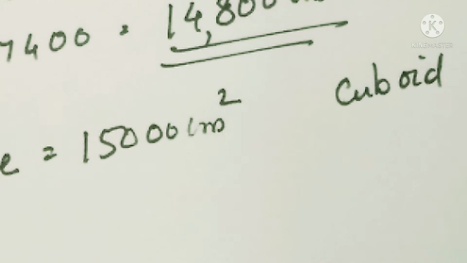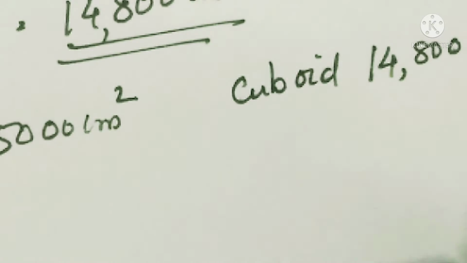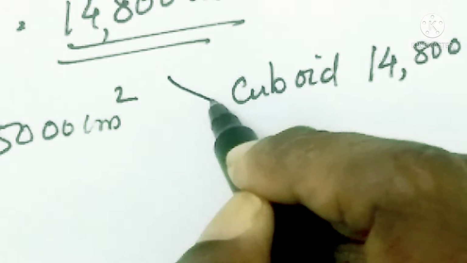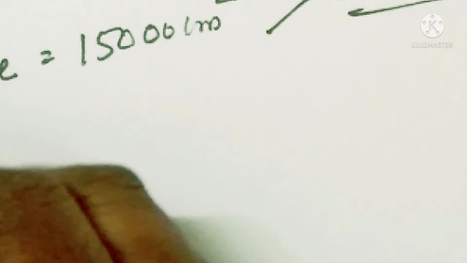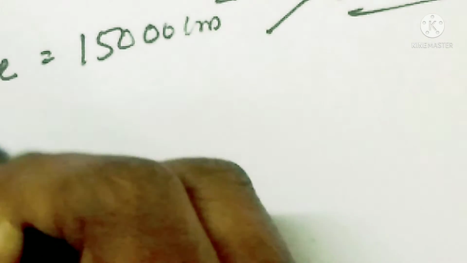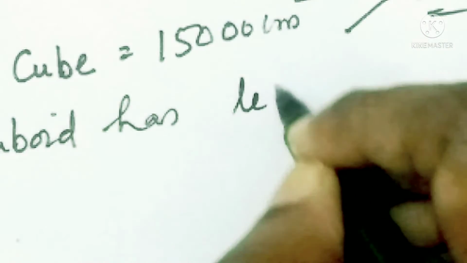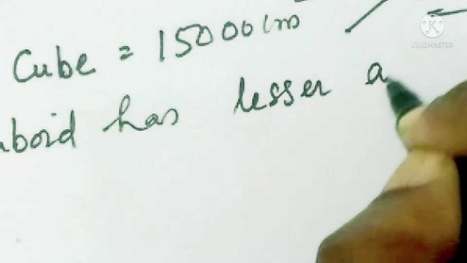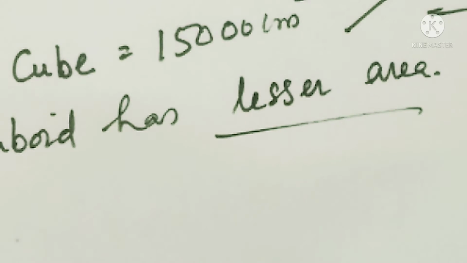You are asked to find out which one has lesser area. So which one is lesser? Cuboid has lesser area. Okay. So you need to write cuboid has lesser area.